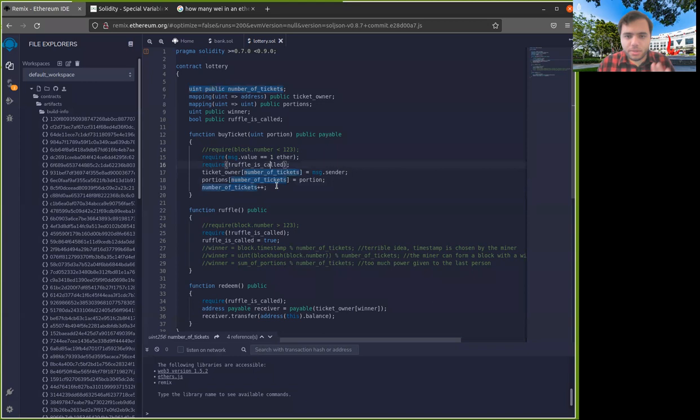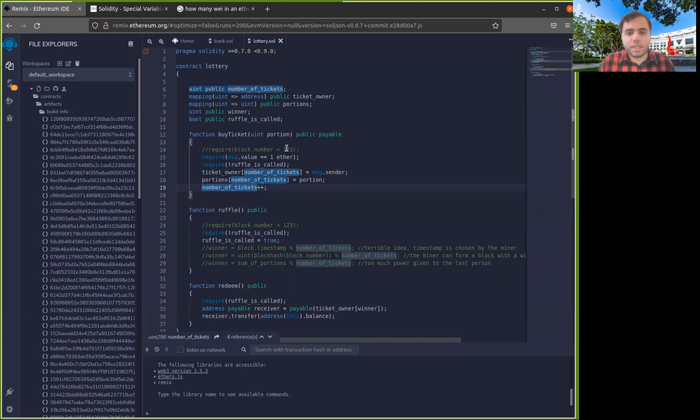And this is also kind of similar, right? So the problem that we had with just taking the sum of portions was that when the nth player was buying a ticket, he could know the sum of portions until that point. And then he could manipulate the rest of the results so that he wins, right? But what if the person doesn't know the sum of portions?